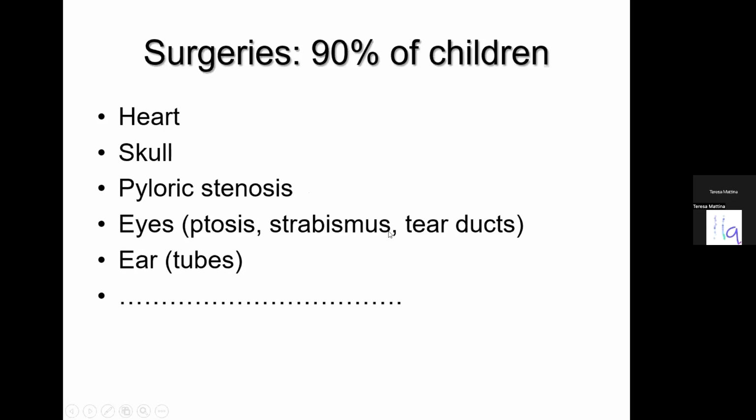Remember, ptosis and strabismus may be considered minor surgeries, but in fact, a child with ptosis or strabismus may lose the sight of one eye, may lose one eye's function, so it must be treated.